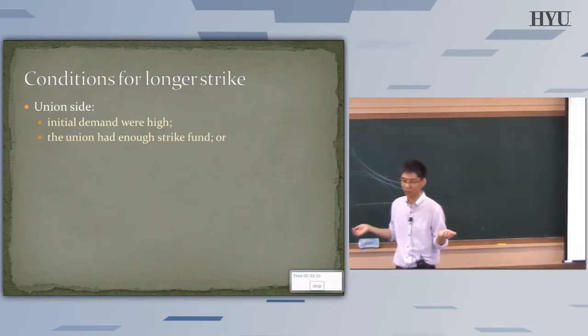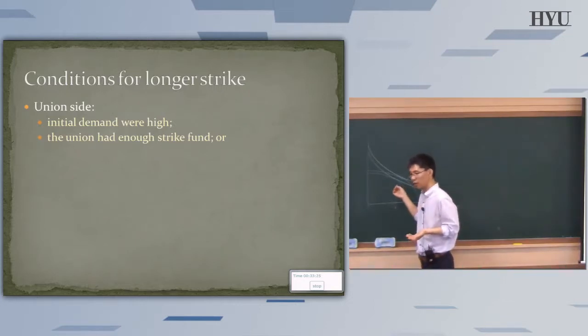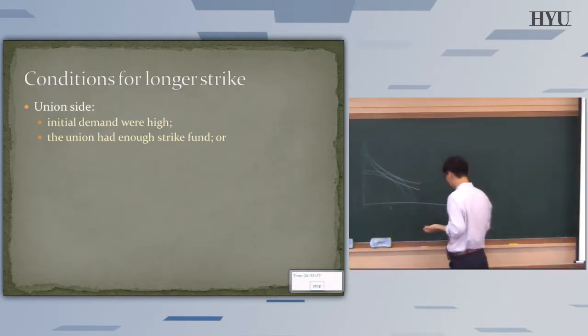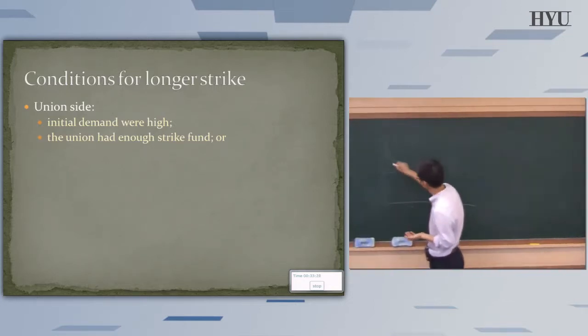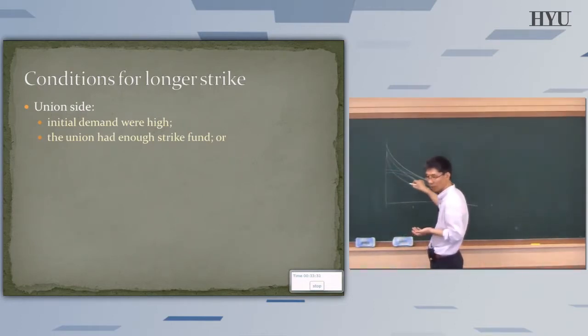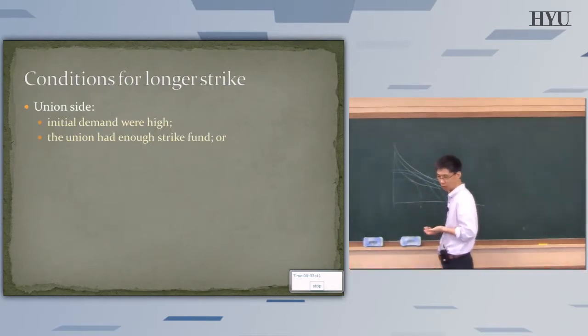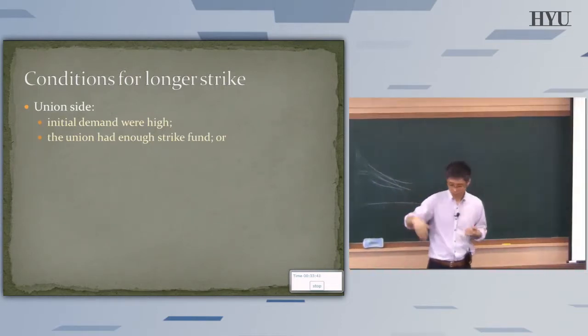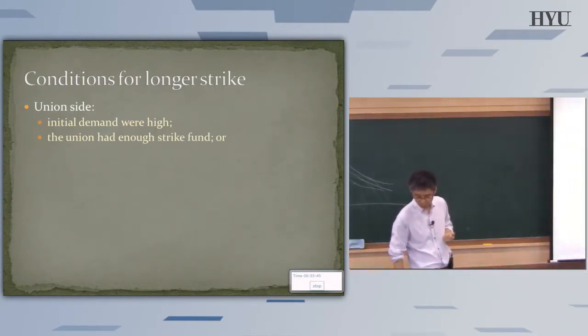If they have very little strike fund, then the economic pressure on the union members will be greater, so the union resistance curve will be much steeper. If it is much steeper, since they do not have money, then obviously the optimal duration will be shorter, because they will lower the demand much more quickly.